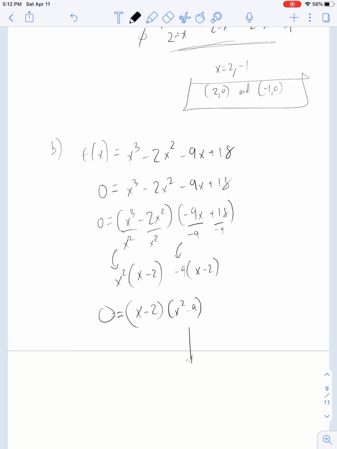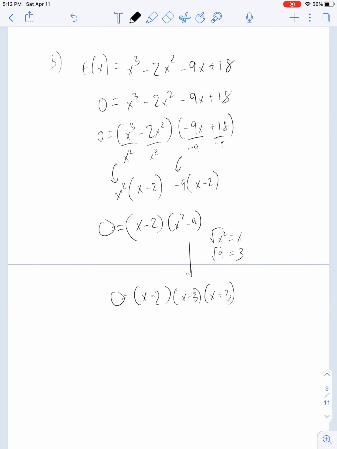All right. But this we can still factor, right? We can square root that. We can square root that. So that's x minus 3, x plus 3. We bring that down. So what do we get? x equals 2, x equals 3, and x equals a negative 3, right?